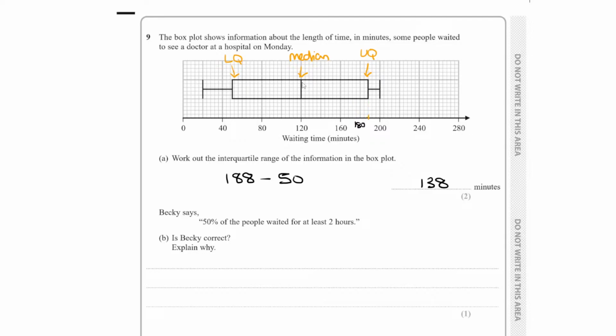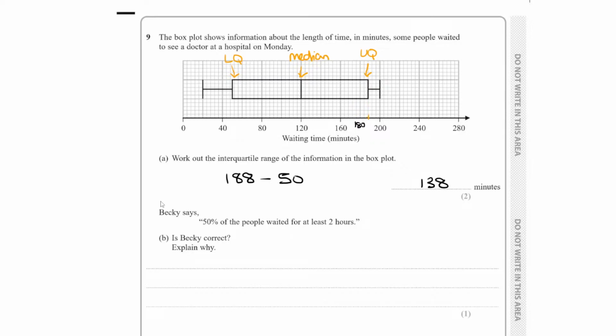So what that's saying is, from this mark here, there's technically 50% of people that waited less time than is written here, and 50% of people waited more time. Because that mark happens to be 120 minutes, which is 2 hours, 50% of people did wait for more than 2 hours, because that's this side here, isn't it? That represents 50% of people, and it starts at 2 hours onwards. So that's what I would say.